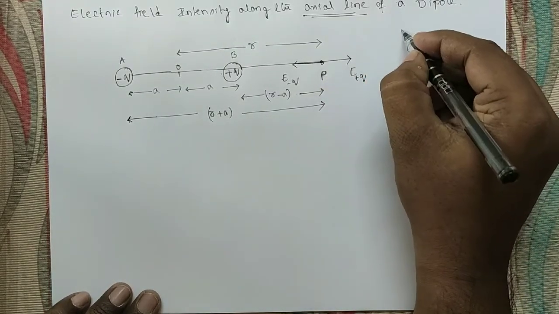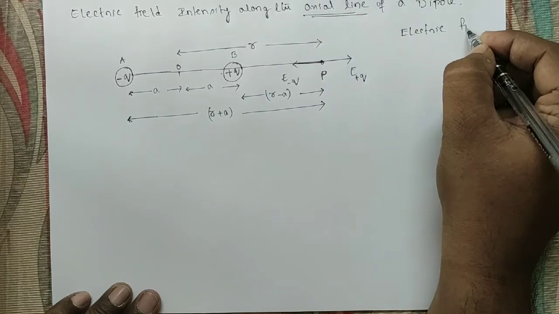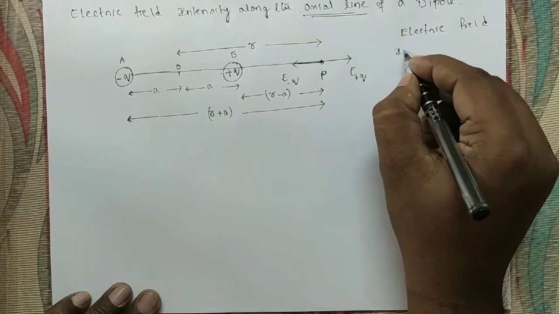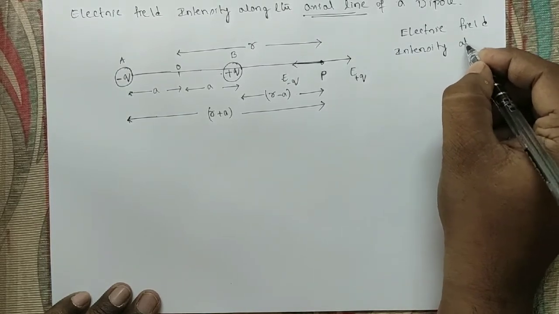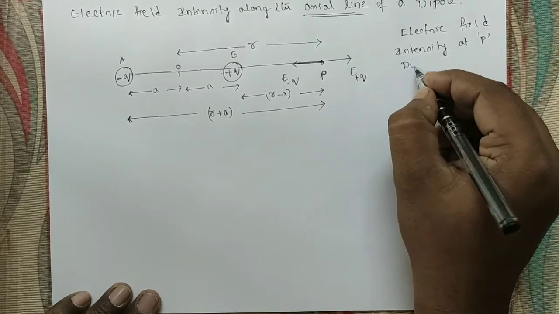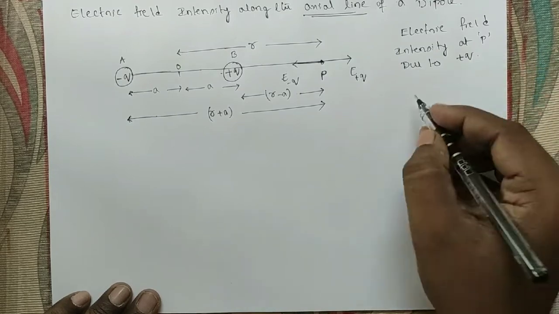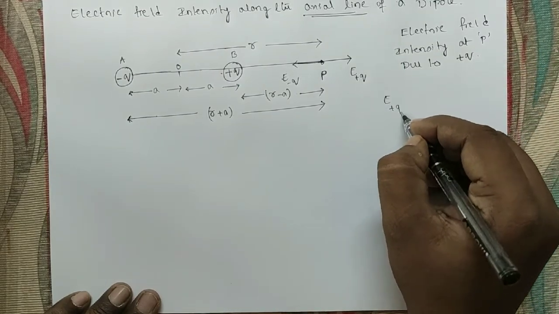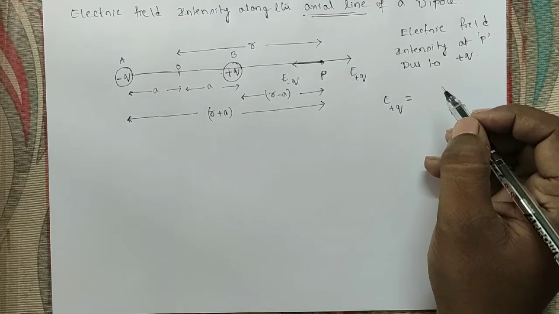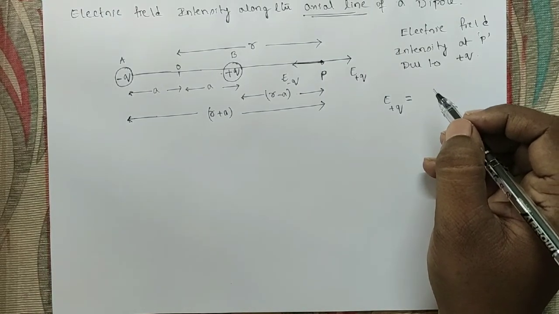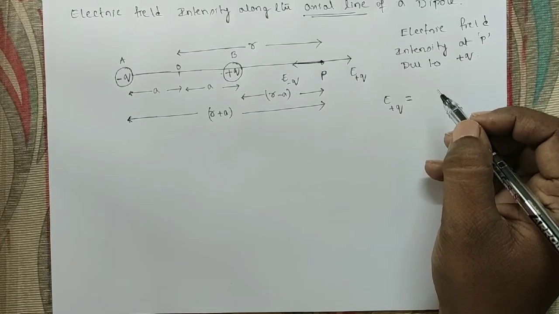Electric field intensity at P due to the positive charge, that is E plus Q, equal to, we have the expression for electric field intensity due to an isolated charge, 1 upon 4 pi epsilon naught into Q by distance square.